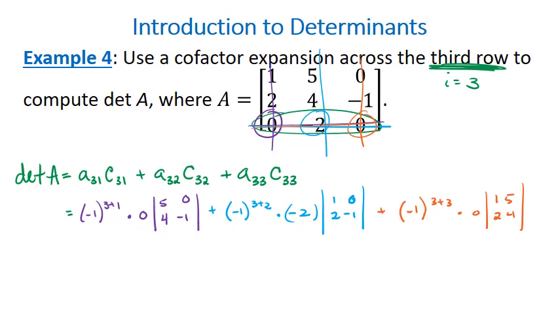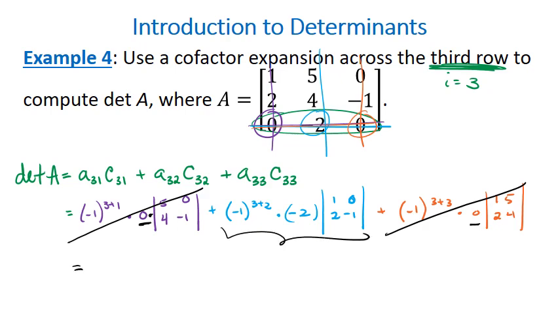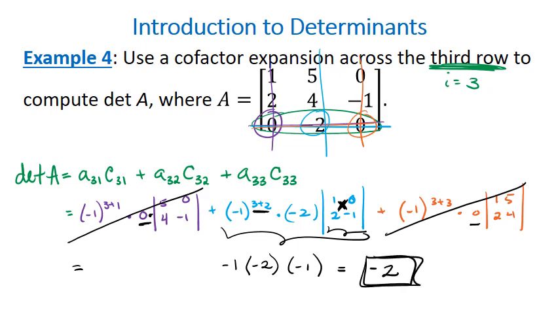Well, remember, 0 times anything is 0. So I don't even need to do anything with those terms, and I can just focus my attention on this. -1 to the 5th power is a -1 times -2 times the determinant of this. So a -1 minus 0 is -1. This results in a determinant of -2. So the determinant of the 3 by 3 matrix A is -2.